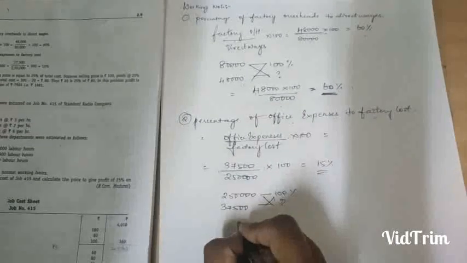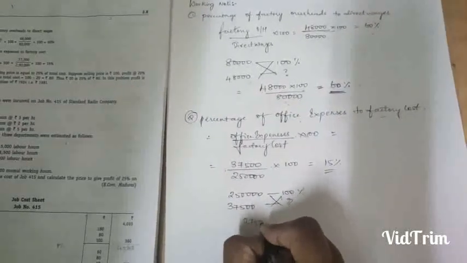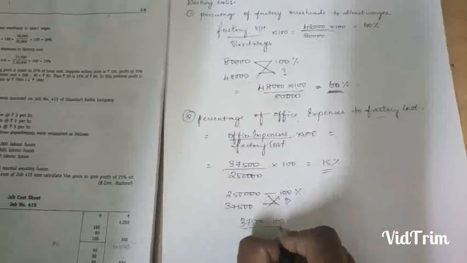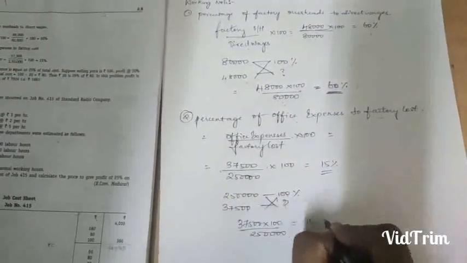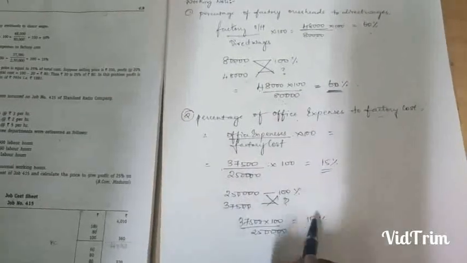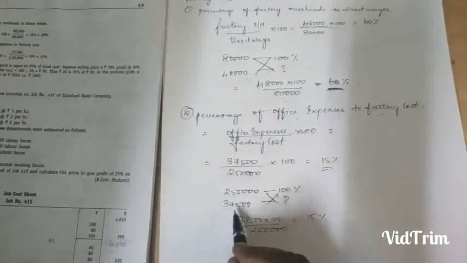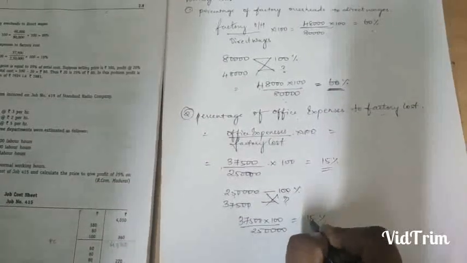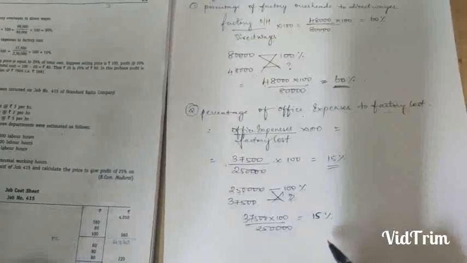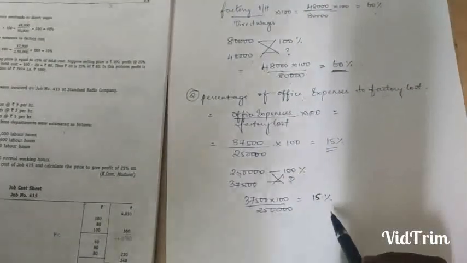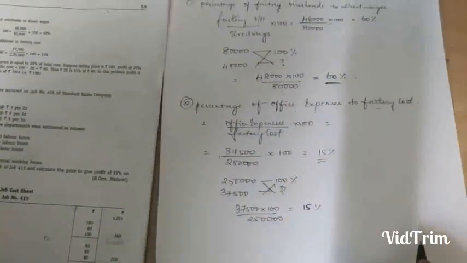It is 37,500 into 100 divided by 2,50,000, which again gives you 15%, which means 15% of 2,50,000 is 37,500. This percentage you will be using for this year's cost sheet. So both 60% and 15% are last year's percentages, which you will be using for this year's estimated cost sheet.